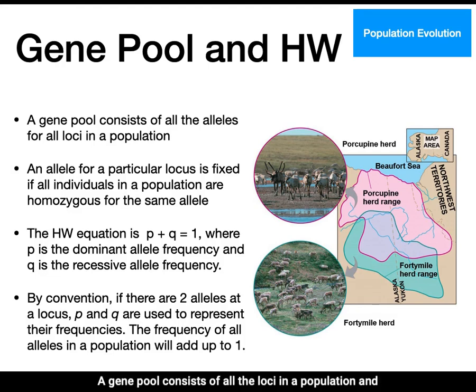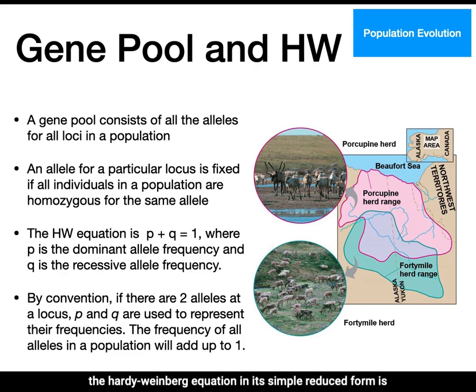A gene pool consists of all the loci in a population. An allele for a particular locus is fixed if all the individuals in a population are homozygous for that same allele. The frequency of an allele in a population can be calculated.